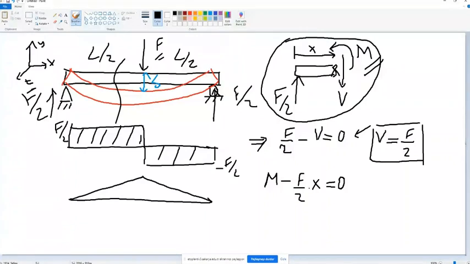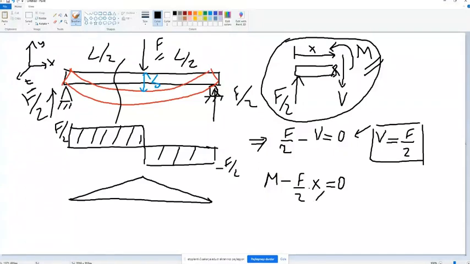And this is a constant number. You have got no other things, just a constant scalar number. For example, if force is 100 newtons, you have got 50 newtons of V force, vertical force.